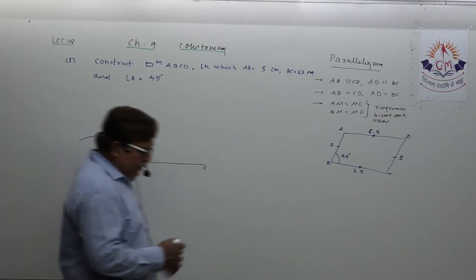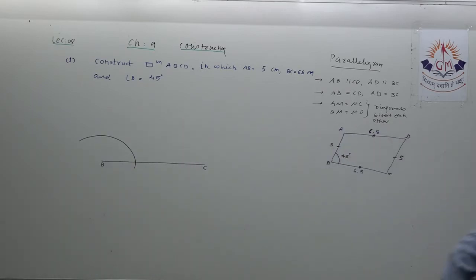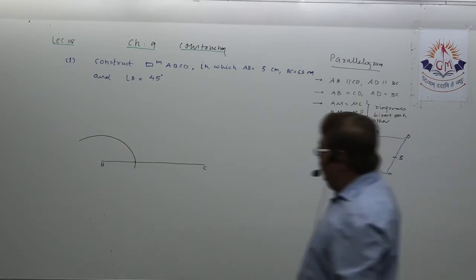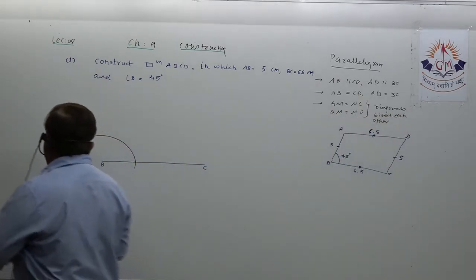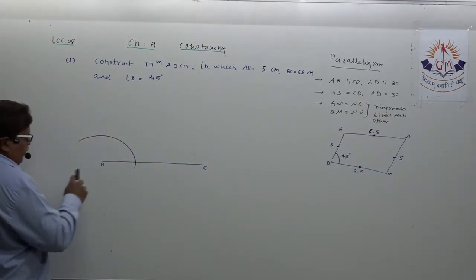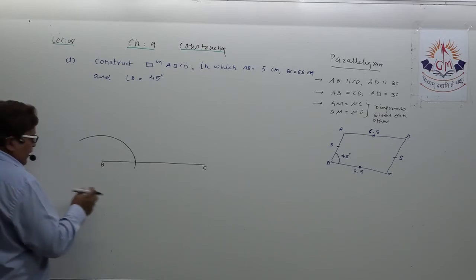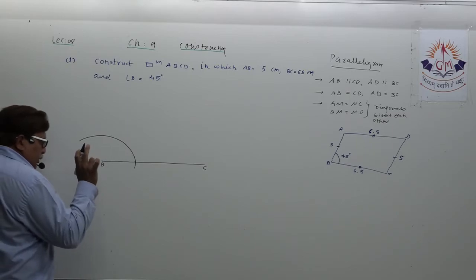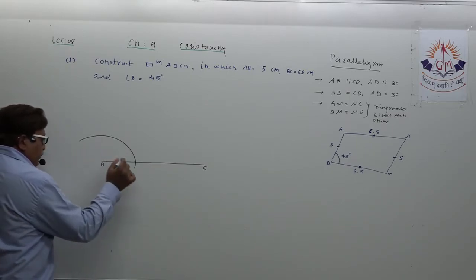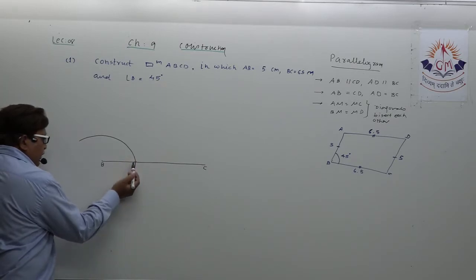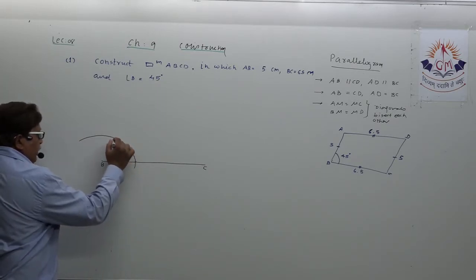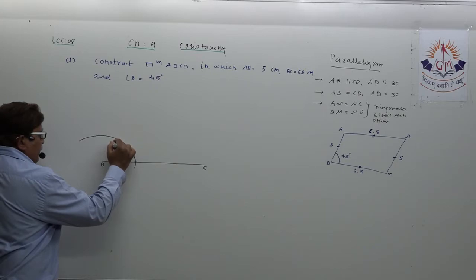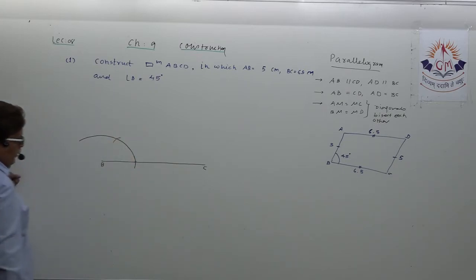Centering compass at B and taking some appropriate radius, an arc has been drawn. Keeping the same radius, center compass here and cut this arc.